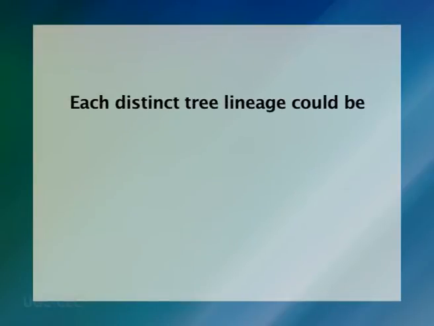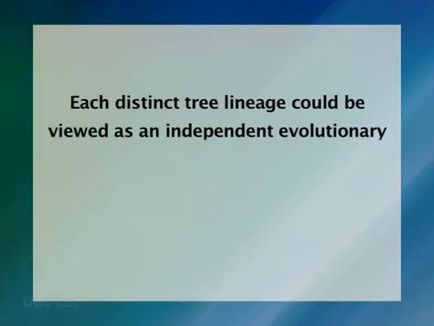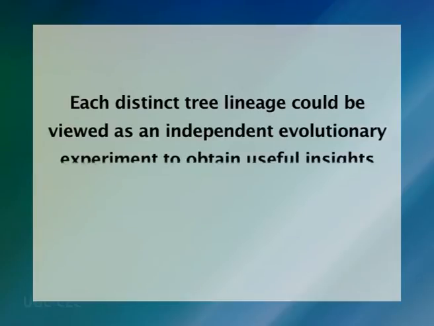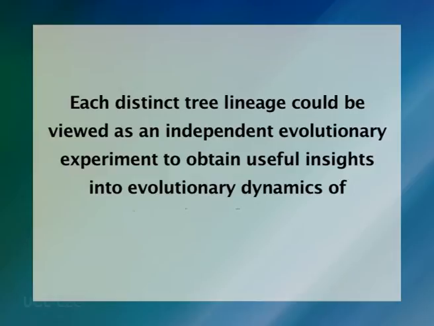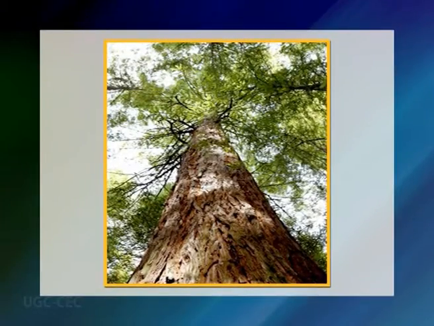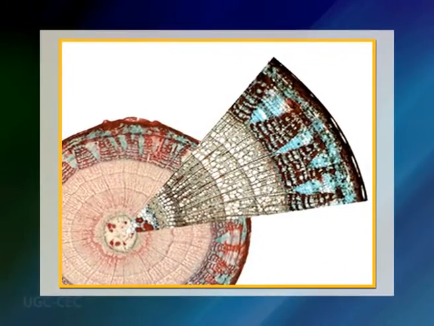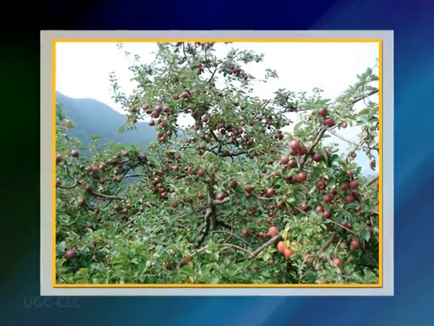In fact, the multiple origins of trees actually facilitated such work, as each distinct tree lineage could be viewed as an independent evolutionary experiment to obtain useful insights into evolutionary dynamics of typical tree features such as tallness, longevity, fecundity, and so on.